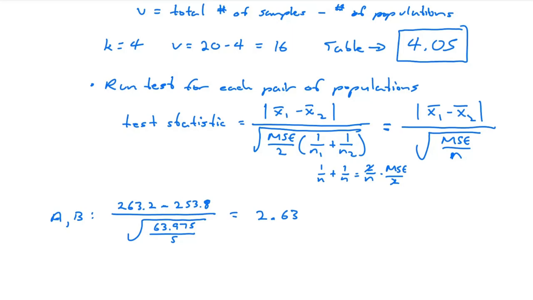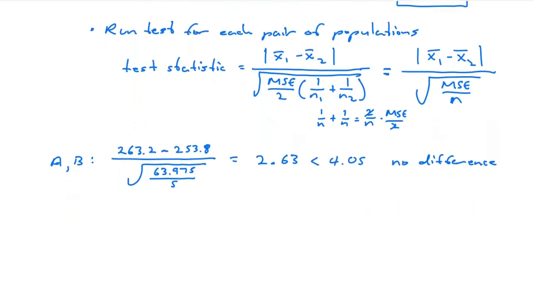If the number we just found is bigger than 4.05, that's where the difference lies. If it's smaller, like in this case, because this is less than 4.05, then there's no statistical difference between those two populations. That's not what caused us to reject the null. So we go on to the next pair.